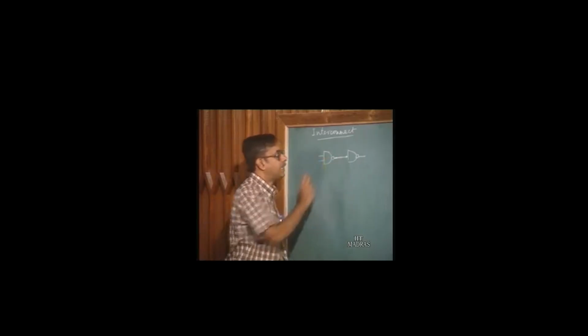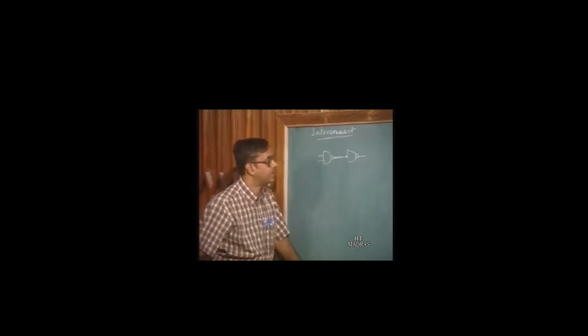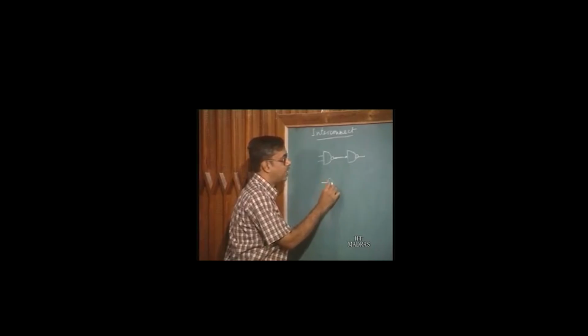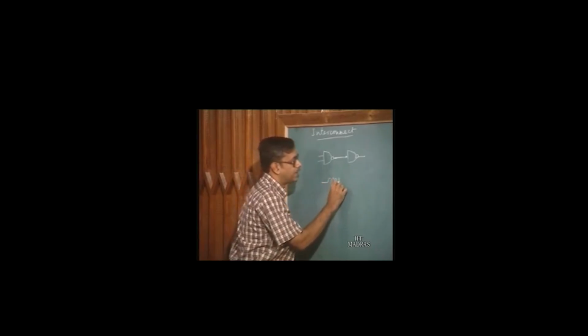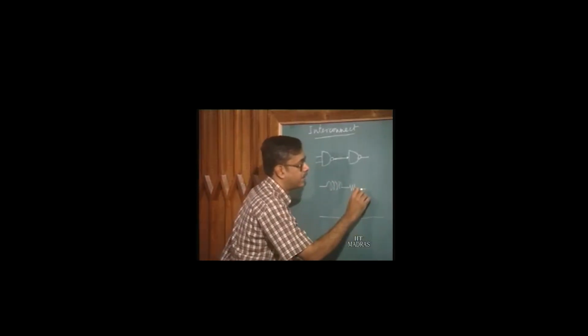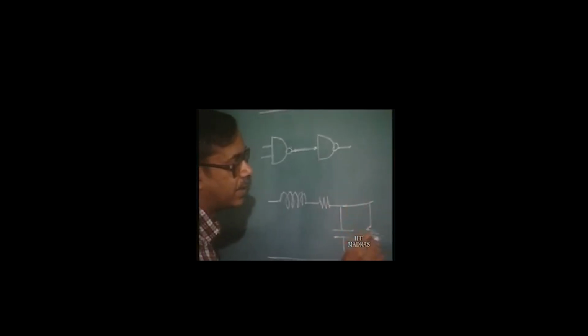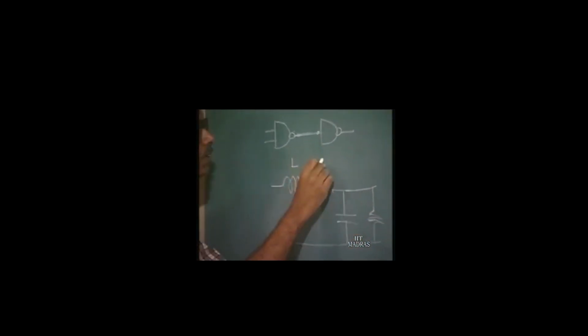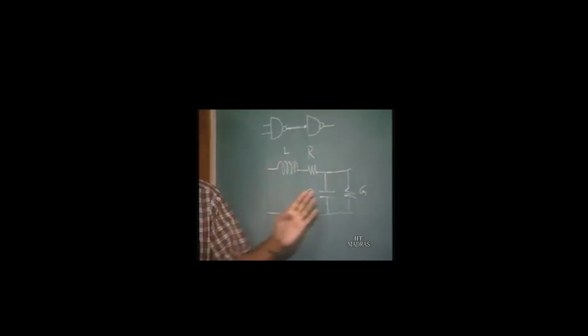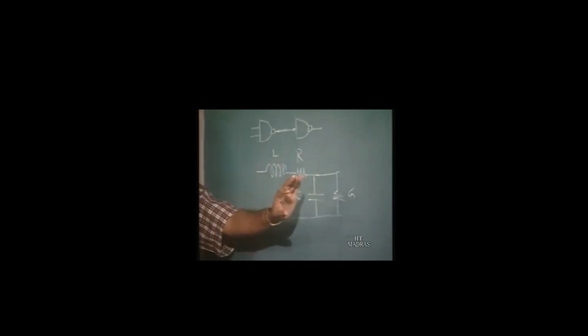This interconnect line which transmits a signal from one point to the other is called a transmission line, and can be modeled as consisting of an inductance, resistance, capacitance and a conductance. So, L, R, C and G. Now, these components are distributed throughout the line.